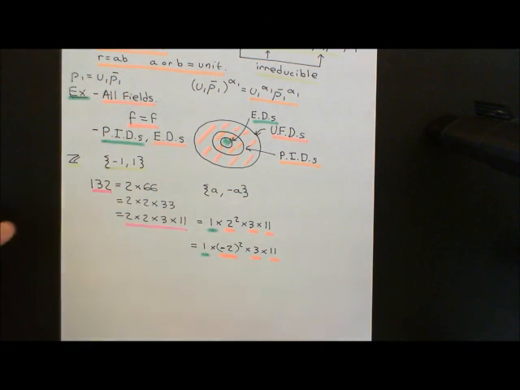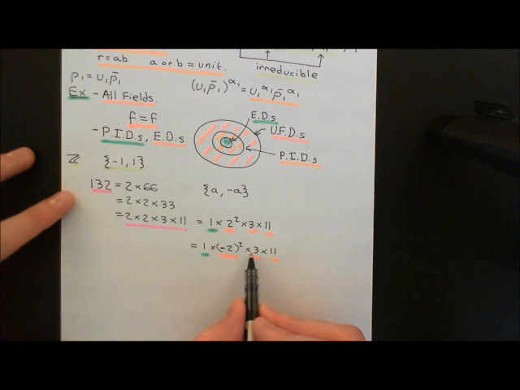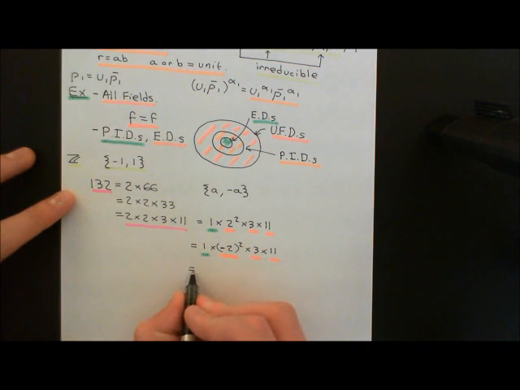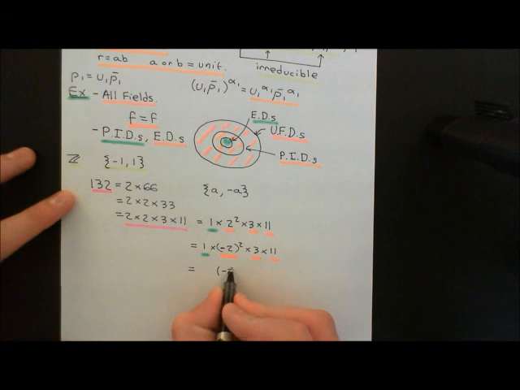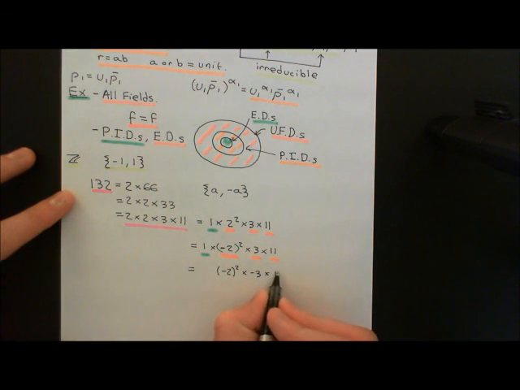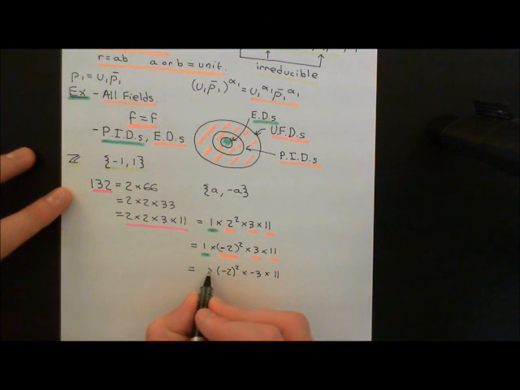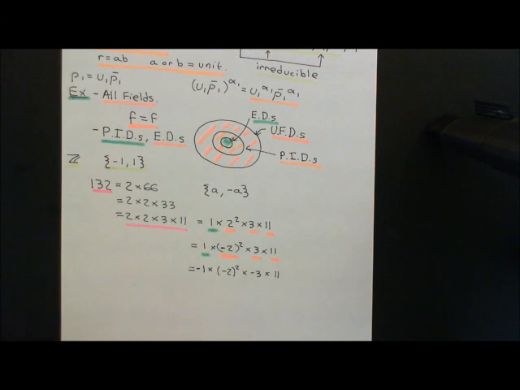But we could go further. We could say let's change 3 into negative 3 as well. So we could write another one here, so we'll have negative 2 squared still, and then times negative 3 times 11 here, and then of course what we'd have to do is change the unit out the front. Now the unit we'd have here would be negative 1.